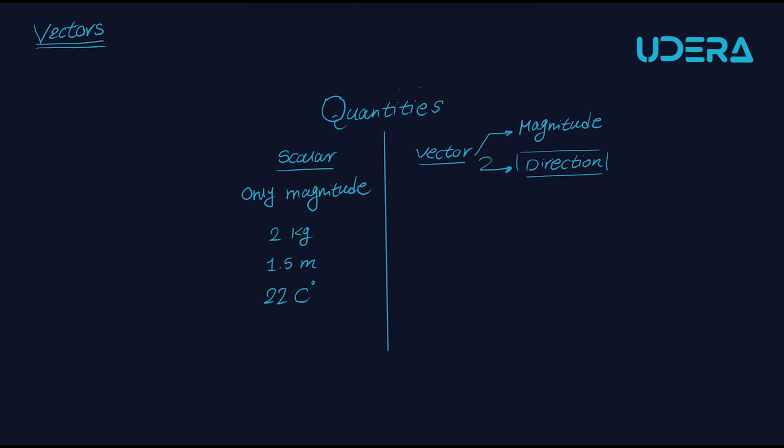The most common and famous vector quantities in physics are force, velocity, acceleration, and displacement.